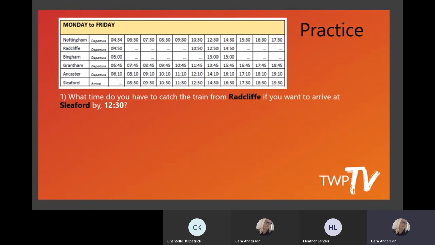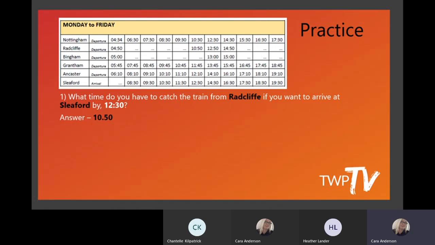So I've been nice to you and identified key information that you need to then look for in that timetable. Okay, so yeah, excellent. You've both gone for 10:50, spot on. Clearly in an exam, they're not going to highlight the key bits of information that you need to take from that question.